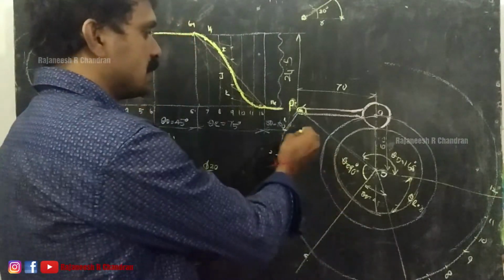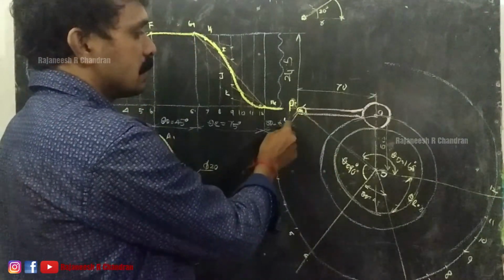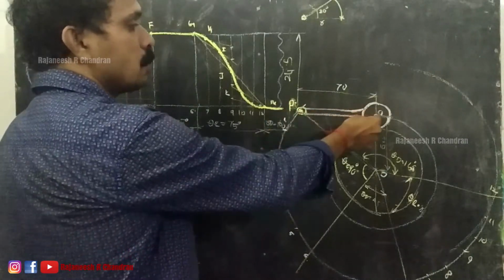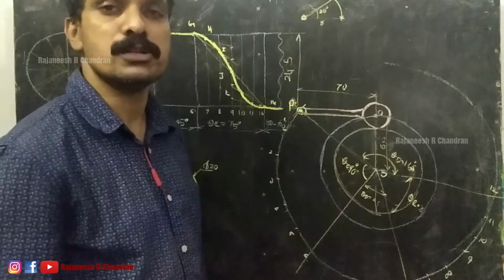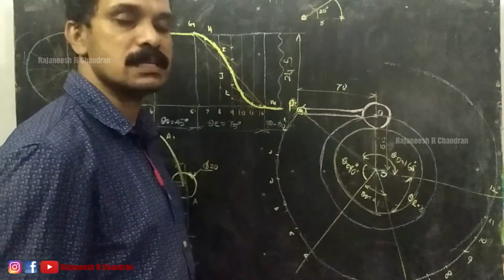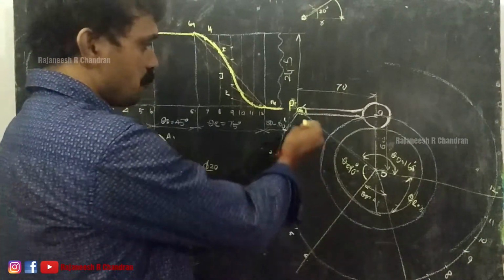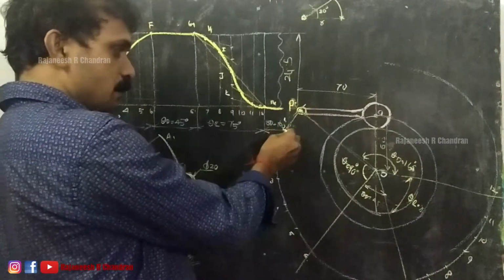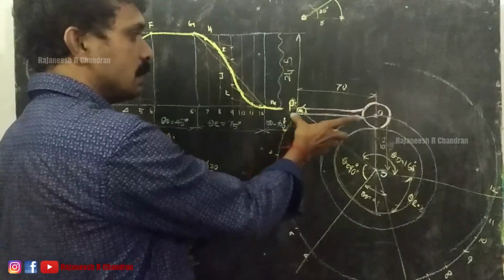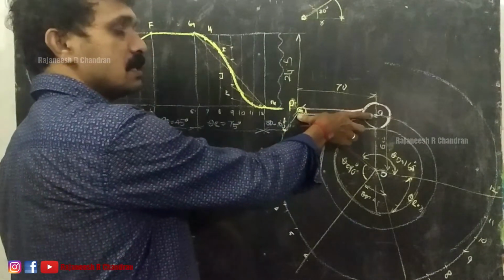That means at every point, the distance between P and O will always be 70 mm, which means when this point P comes to position 1, this distance is 70.